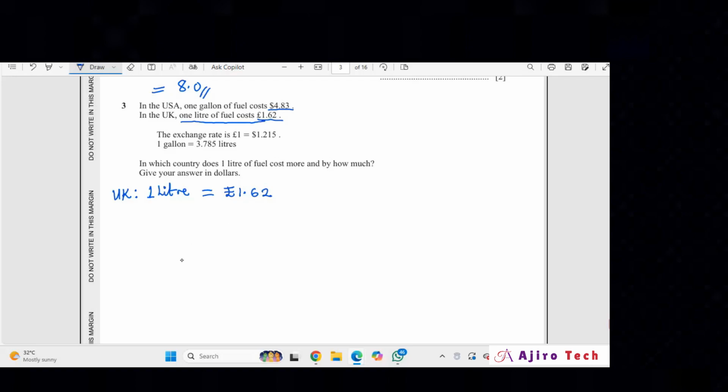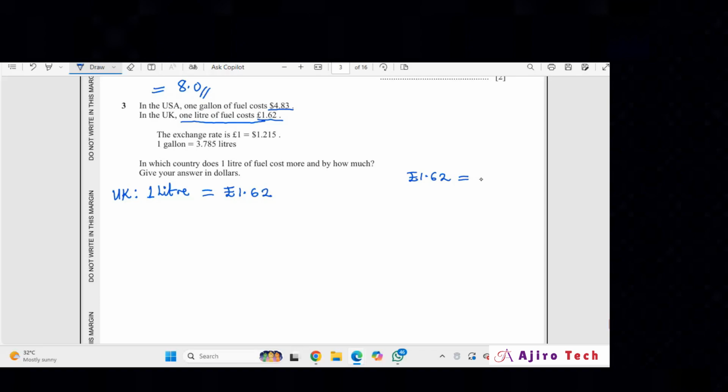That is in the UK. Let me do a little conversion here before we continue. We know that 1.62 pounds will give us what in dollars? I need to make the conversion.